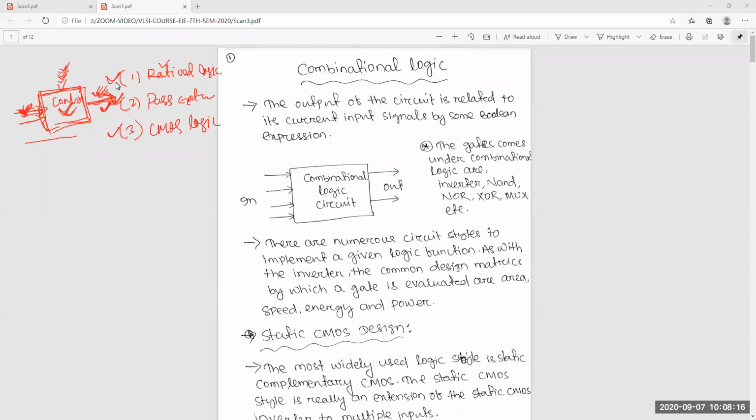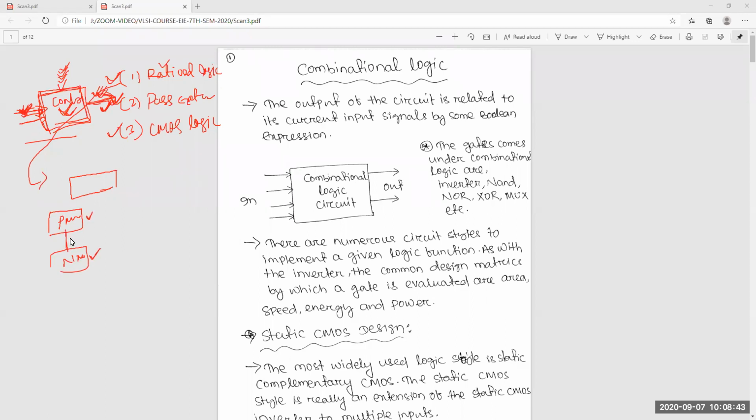Okay, ratioed logic is completely different from CMOS logic. In CMOS, it is complementary, so one part is composed of PMOSes and another of NMOSes, and the number of NMOSes is equal to the number of PMOSes.